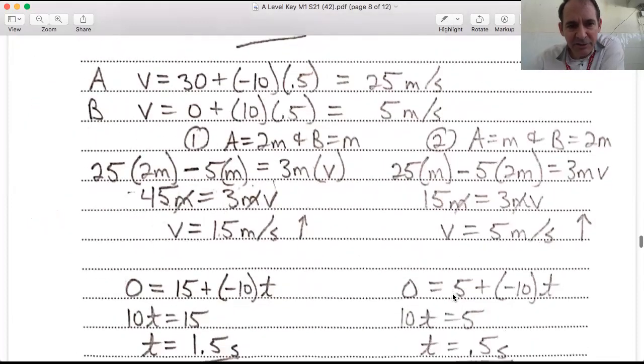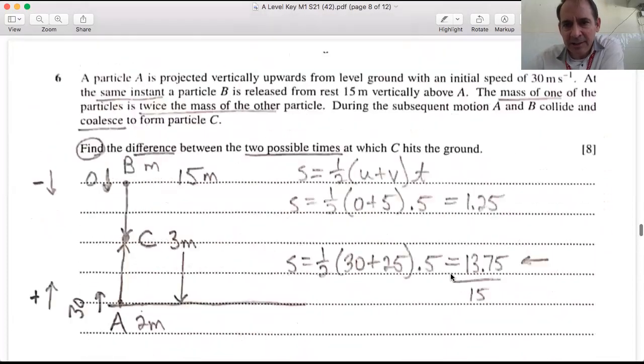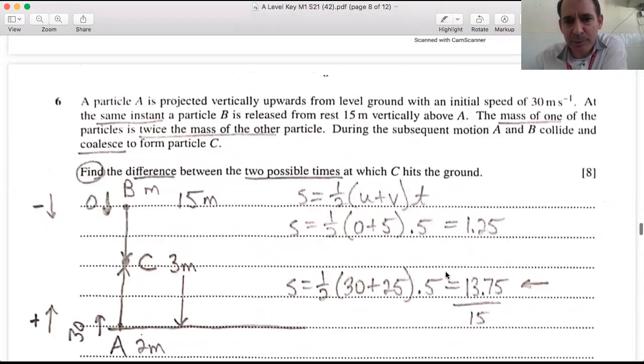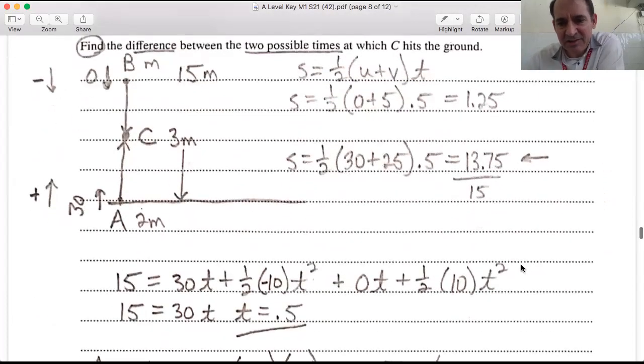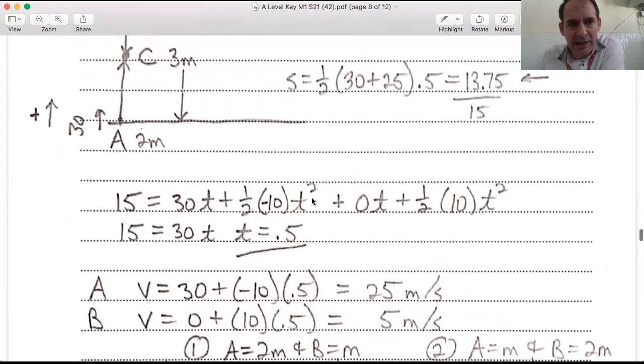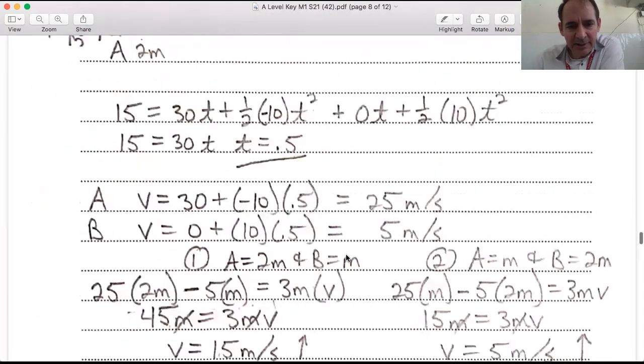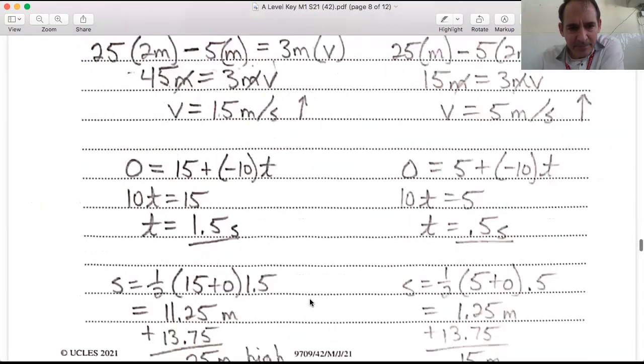Now we're going to get into our 2 different scenarios. Notice it says find the 2 possible times at which C hits the ground. Scenario number 1 is the way that I drew it: B is mass M, and A is twice the mass of B, giving us 2M.